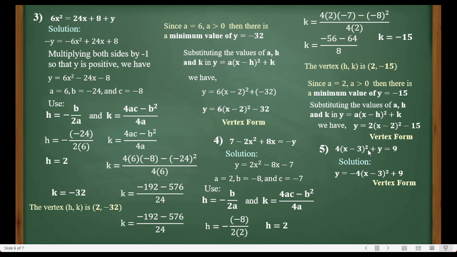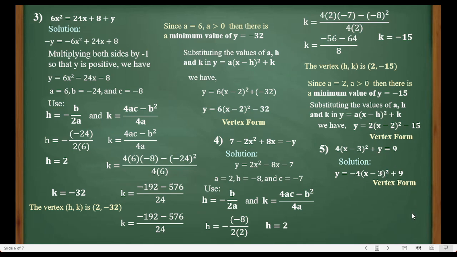So what we're going to do, we simply place this to the right side, before 9. So what happens? It became vertex form right away. We simply transpose this to the right before 9, after the equal sign.